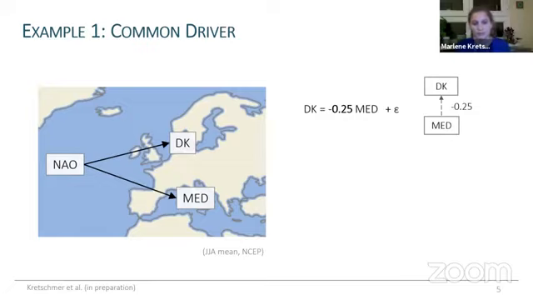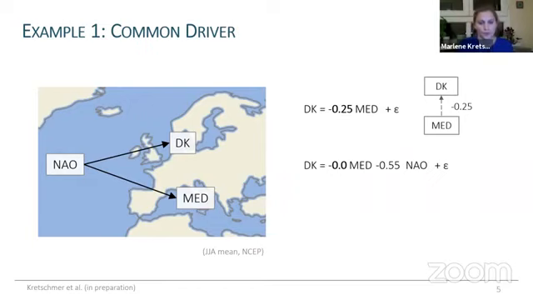So we can test our knowledge with the data. In the linear case, controlling for the common driver, in this case the NAO, just means including it in our regression model. And you see, if we include the NAO, then this regression coefficient drops to 0.